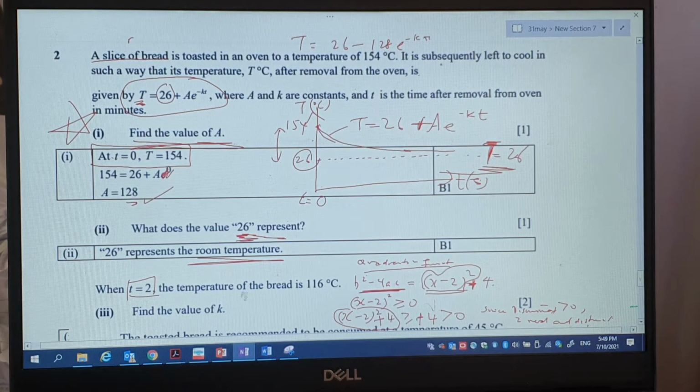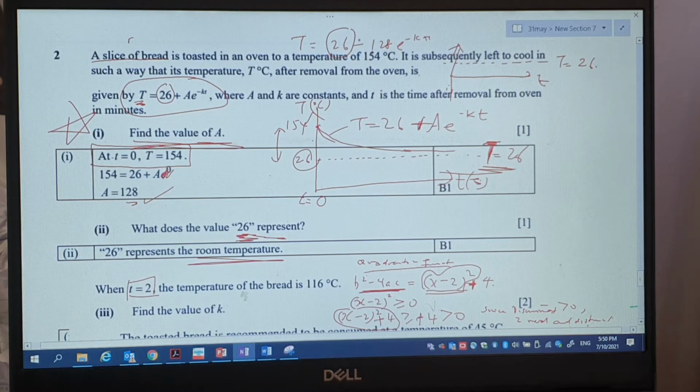How different would the graph look? Firstly, you settle the asymptote first. So you draw the asymptote. Remember, this is in terms of time, so don't draw the negative side. So this is your T equals 26.